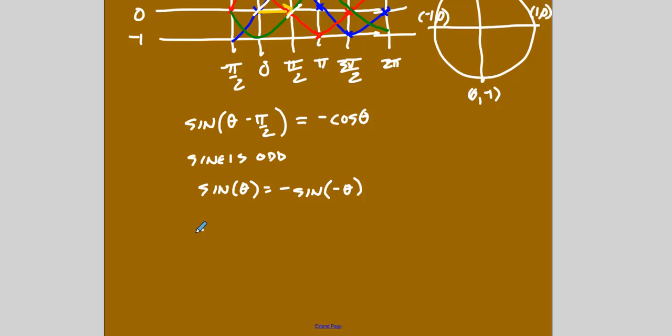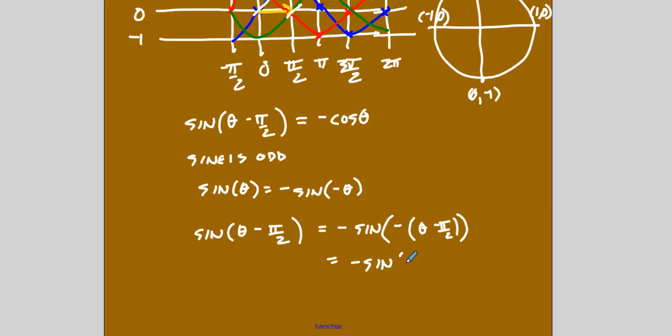So now I can write that sine of theta minus pi over 2 does equal negative cosine theta, and this is equal to the negative of sine of the negative of the quantity theta minus pi over 2, which equals negative sine of pi over 2 minus theta.